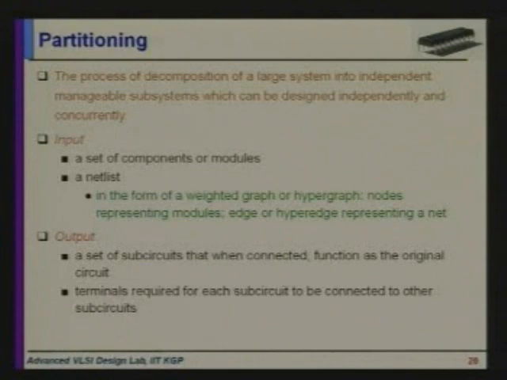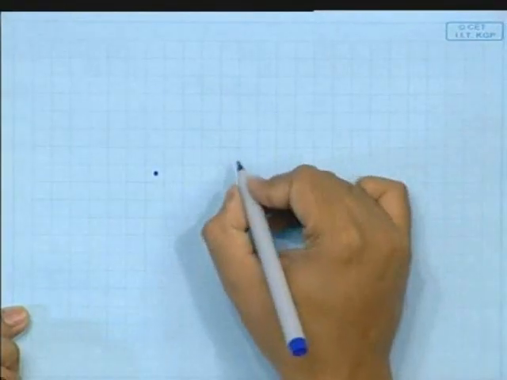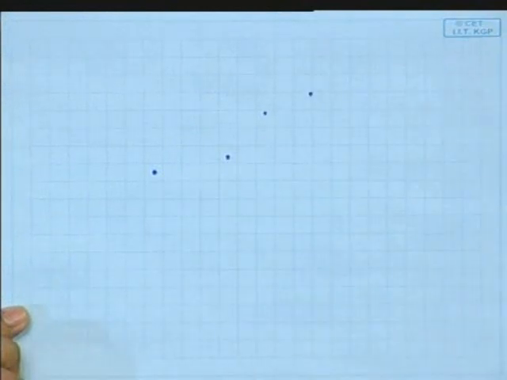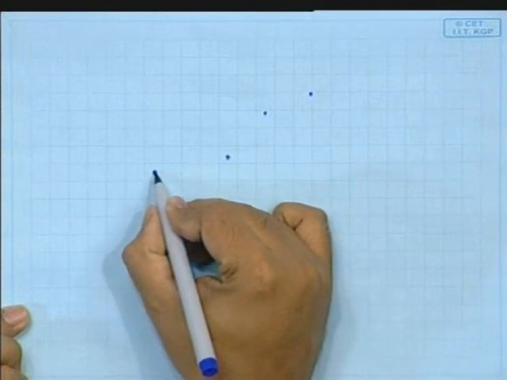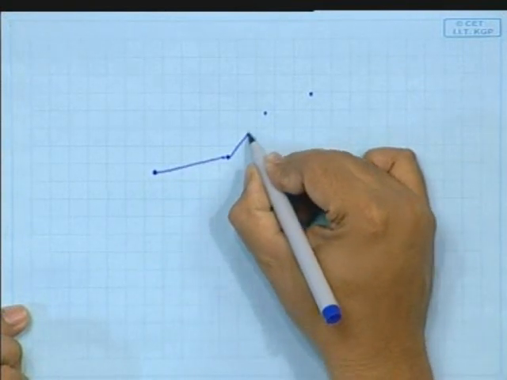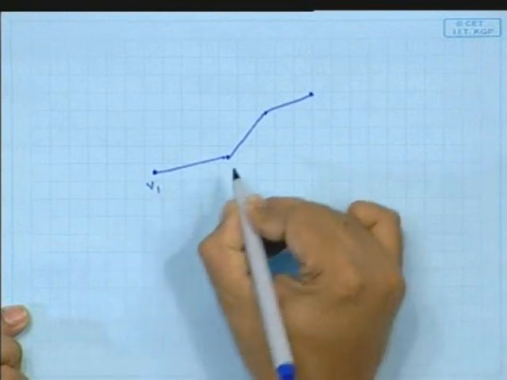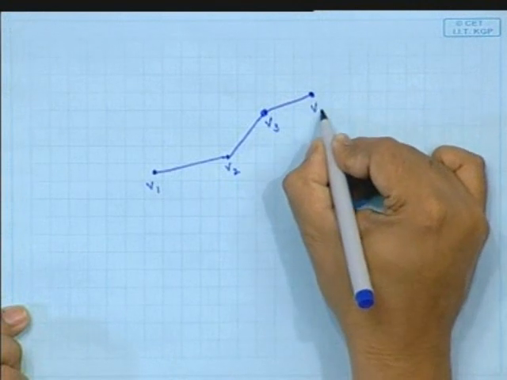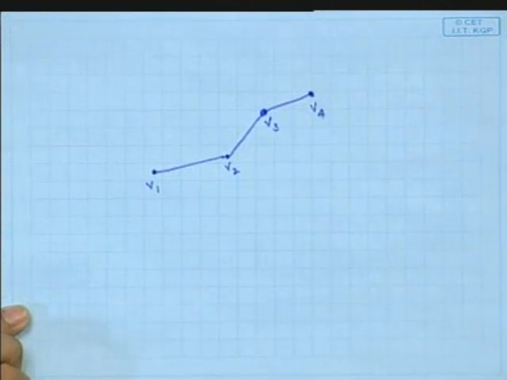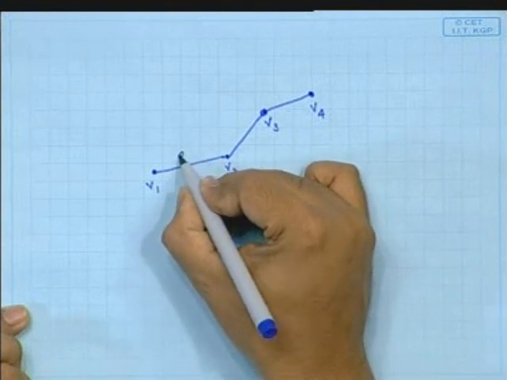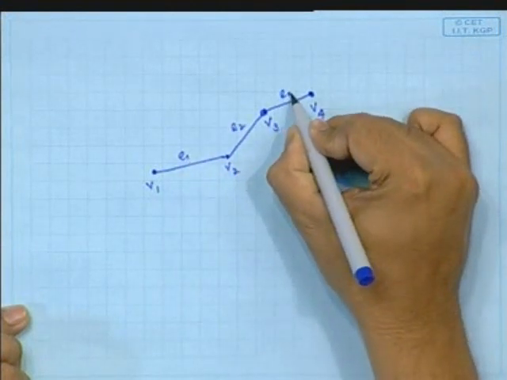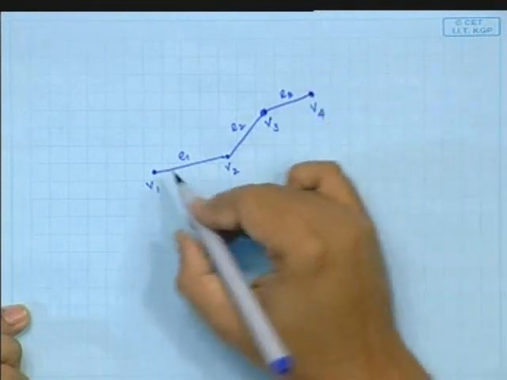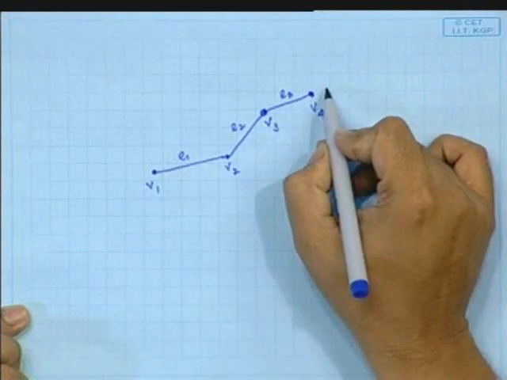So I have nodes V1, V2, V3, V4, and these are the edges E1, E2, E3, right. If I want to represent the connection between V1 and V4, this is the complete net, right.